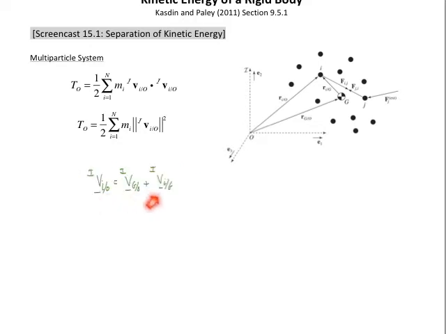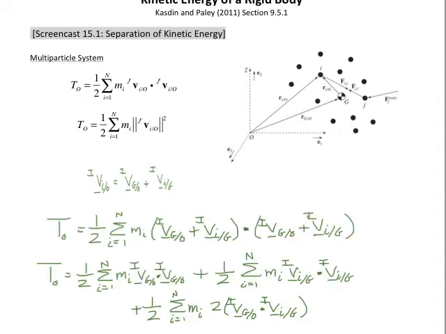And so by substituting this vector triad into the expression for our total kinetic energy, we get a new expression. Here we have the dot product of the portions of our vector triads.